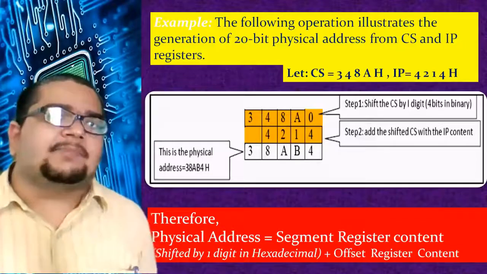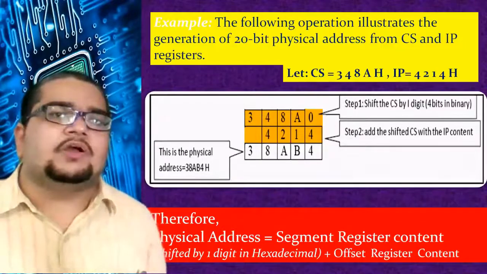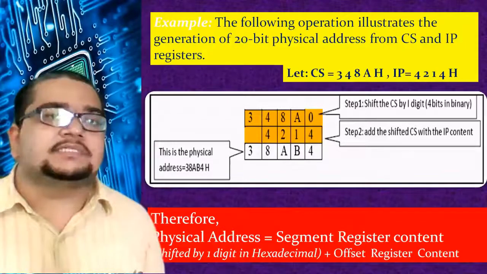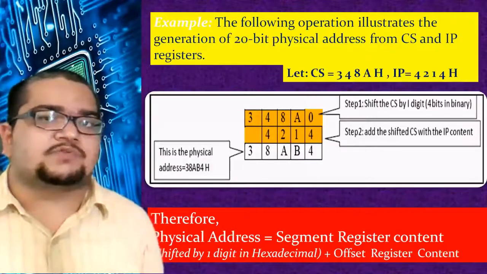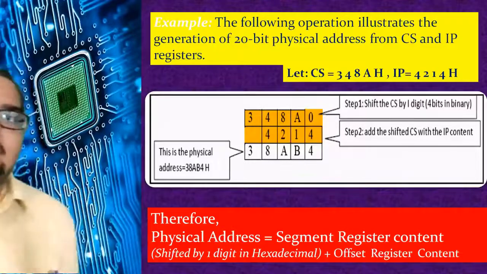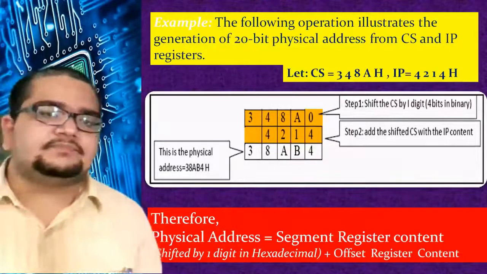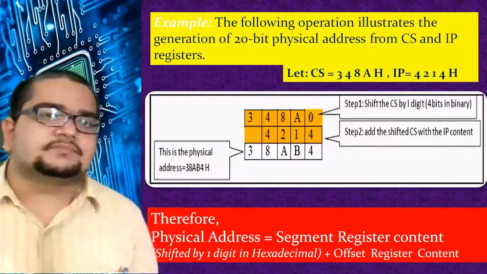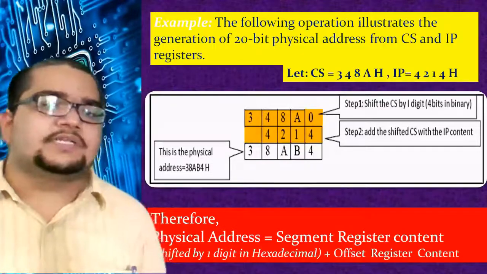In another example, the question given is that the following operation illustrates the generation of a 20-bit physical address from CS and IP. Here a solved example is there to check how the physical address is calculated from CS and IP.